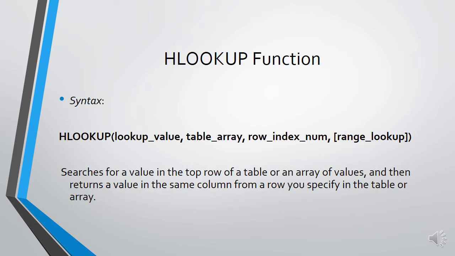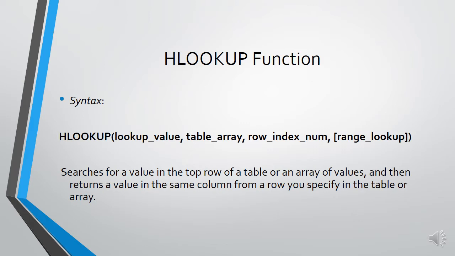The syntax is easy to explain. You start with the function name, which is HLOOKUP, and the parameters that you pass in are the value that you want to look up. You click on the cell of that value. Then the table array, which is a set of rows and columns where your data is.